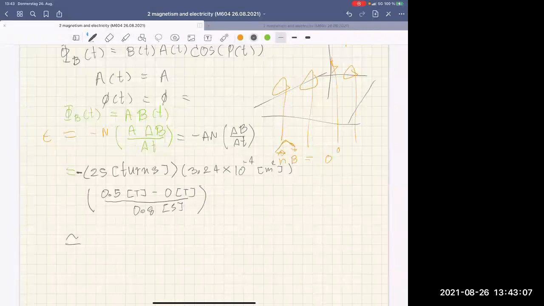Okay. We have to substitute everything, right? After the calculation, you get... what is that? What is the value for that?